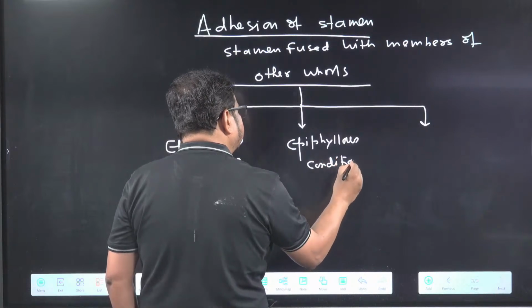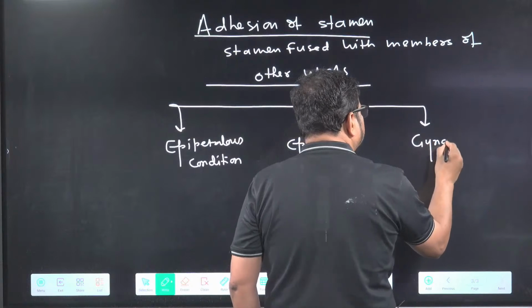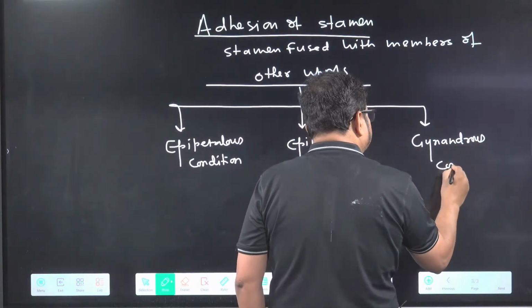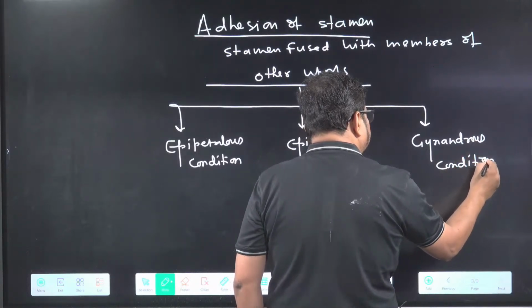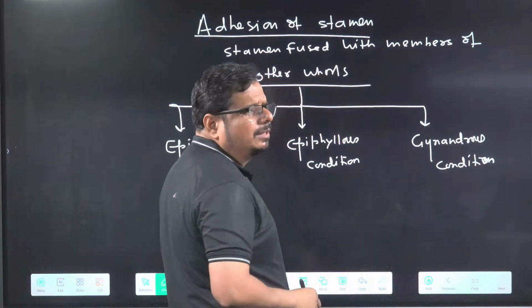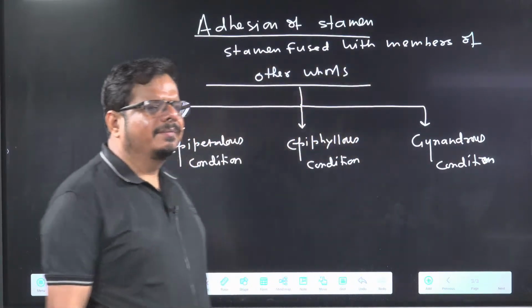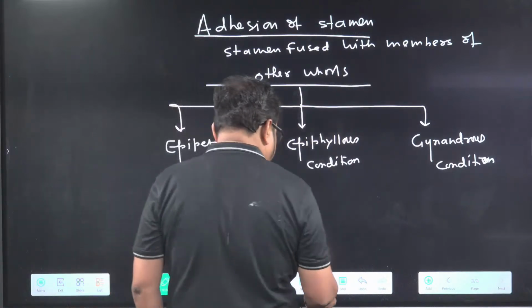Adhesion conditions I am telling. And another one, that is not in NCERT, is gynandrous condition. It is not in the textbook and there is little chance they will ask. Simply I told because it may come in an option, so you are not confused. Even if it gives gynandrous in an option anywhere, you are not confused. Getting the idea or not?